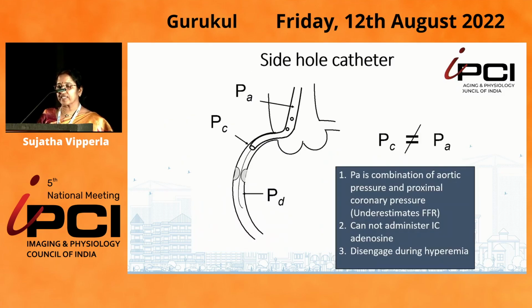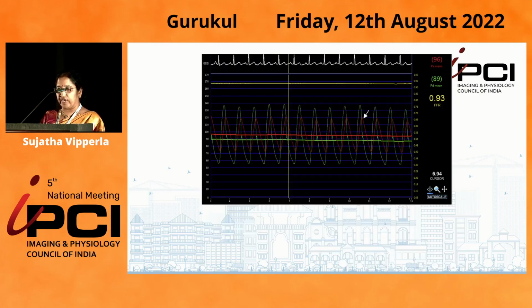If you have a side hole catheter, it is recommended that you do not use it for measurement of FFR, because the aortic pressure you measure is a combination of the aortic pressure and the proximal coronary pressure. This underestimates the FFR. And also you cannot administer intracoronary adenosine, which will go into the circulation rather than into the coronary artery.